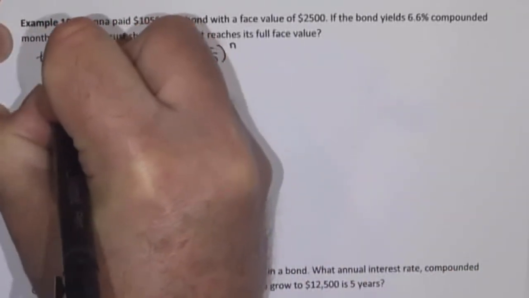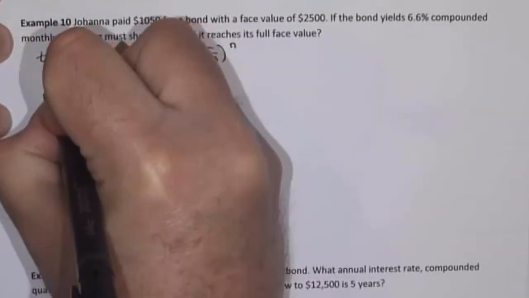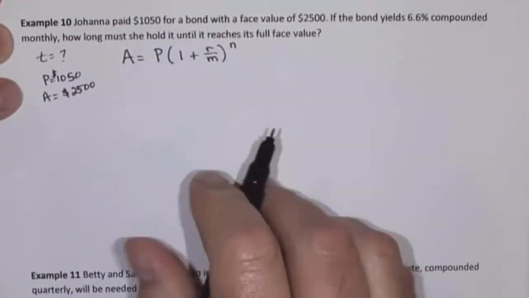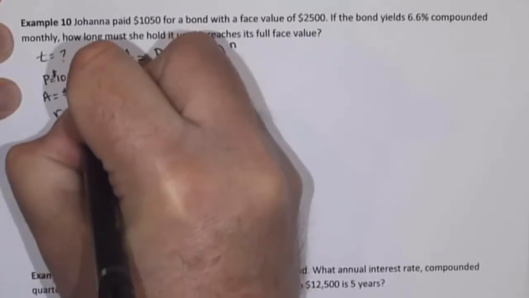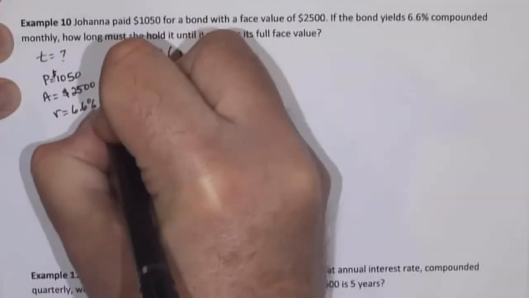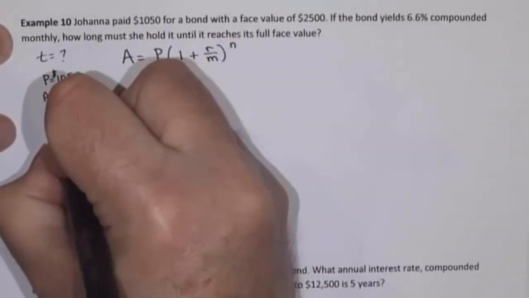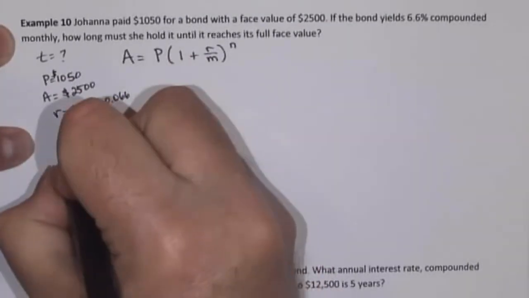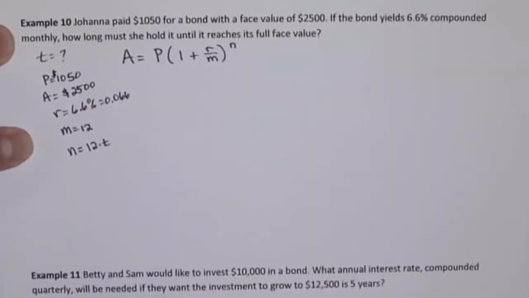And I know it's going to be worth $2,500 in the future, so that is the A. We know that the interest rate is 6.6%, which will be 0.066. We know we're compounding monthly, so m equals 12. And so then n is going to equal 12 times t.